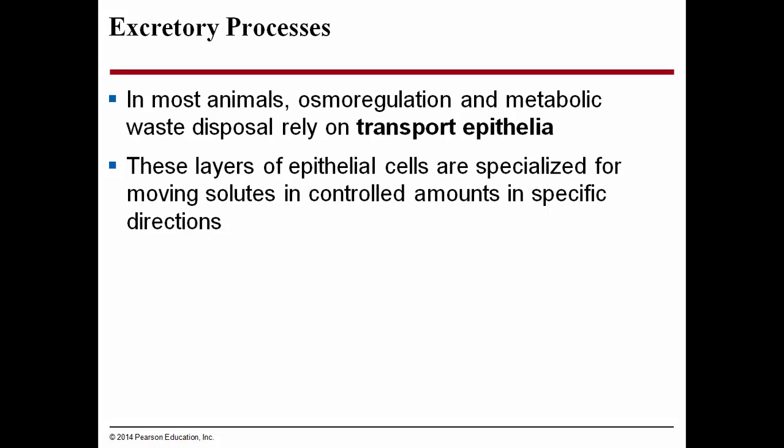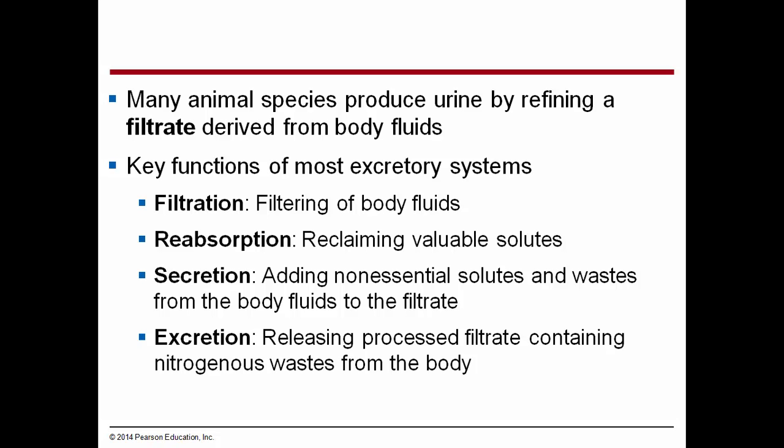In most animals, osmoregulation and metabolic waste disposal rely on transport epithelia. These are layers of epithelial cells which are specialized for moving solutes in controlled amounts in specific directions. Many animal species produce urine by refining filtrate derived from bodily fluids.